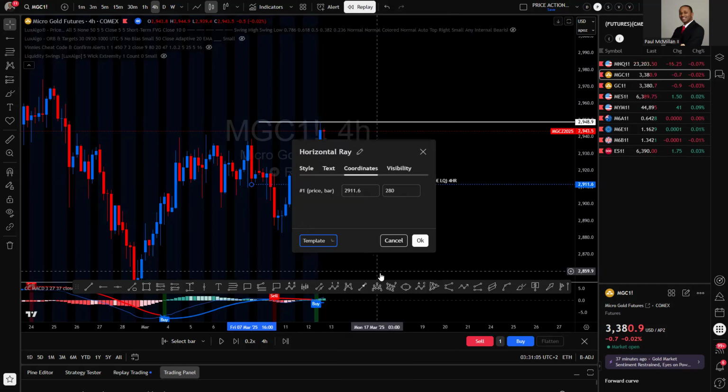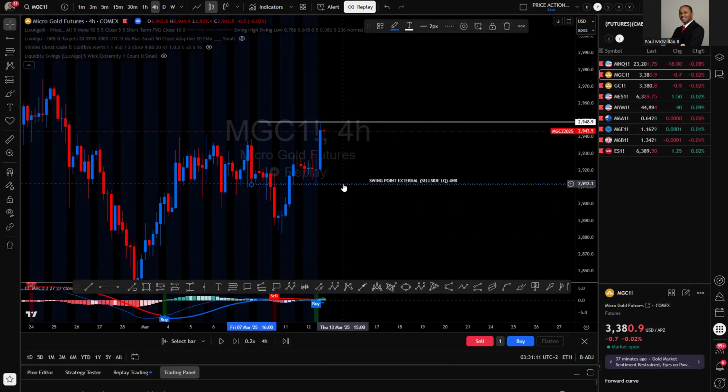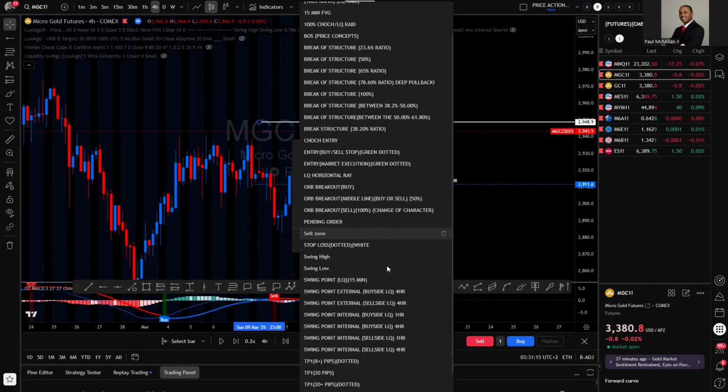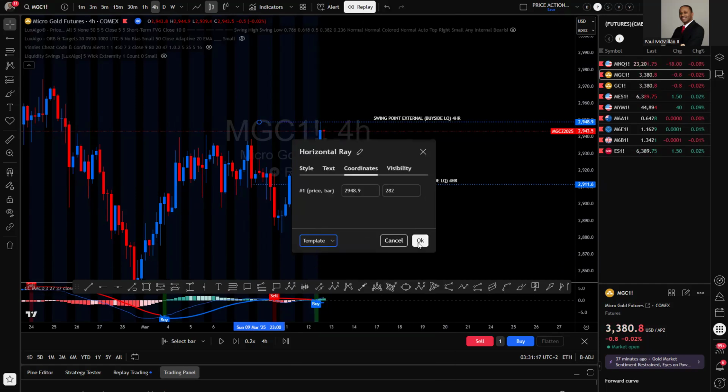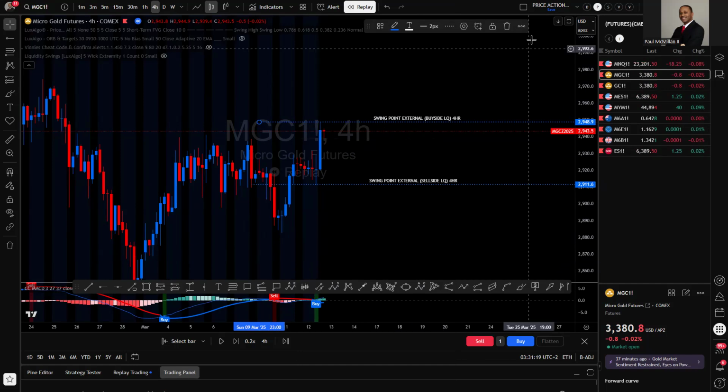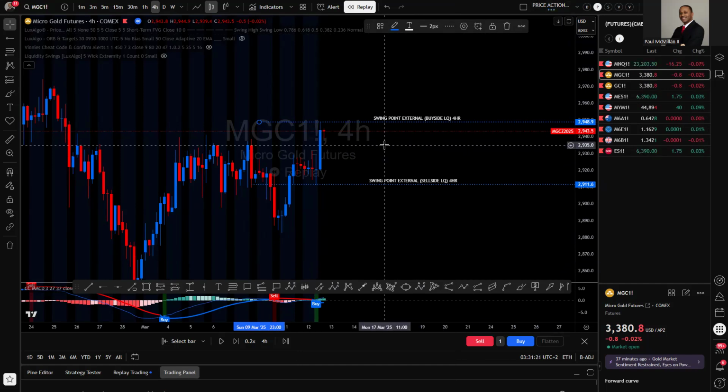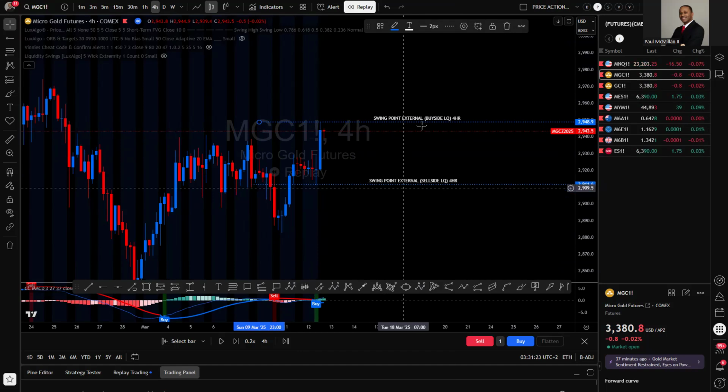It's sell side liquidity, so we stand aside. There's buy side liquidity, stand aside as well. And that's all we're going to mark on the 4-hour.